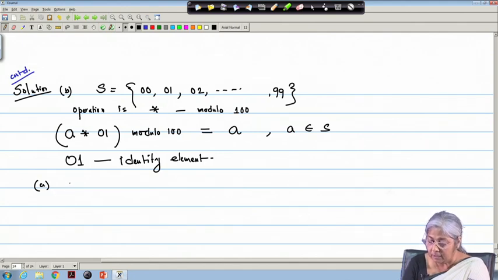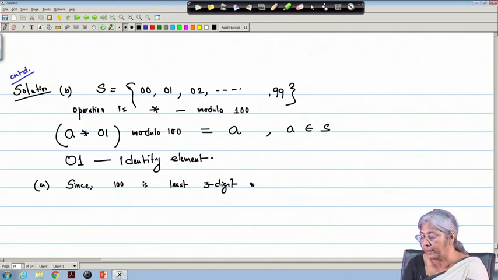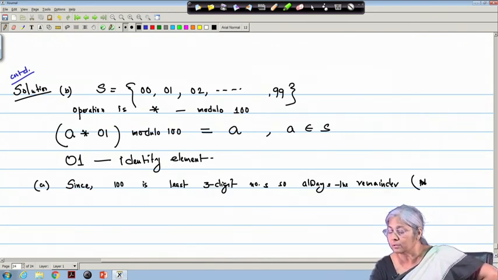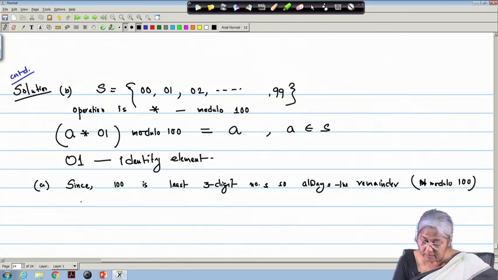Since 100 is the least 3-digit number, the remainder, that is some number n modulo 100, is always 00 to 99.